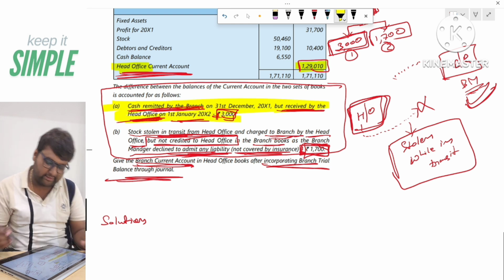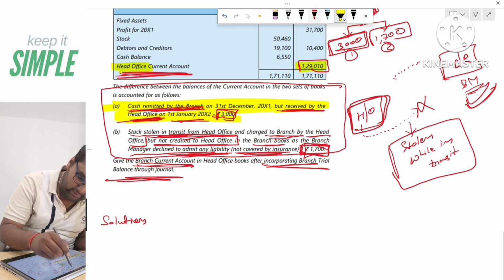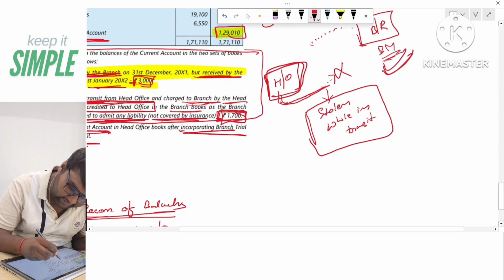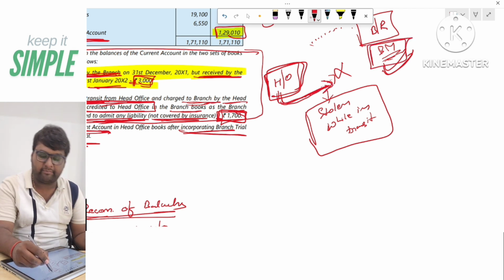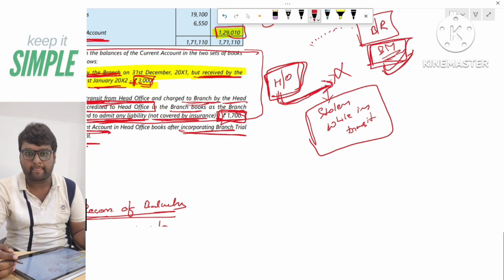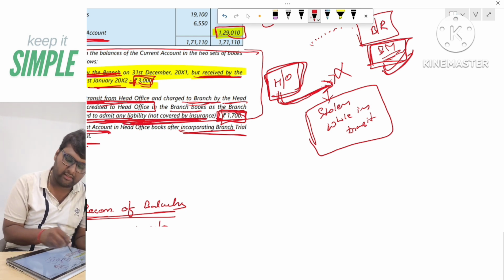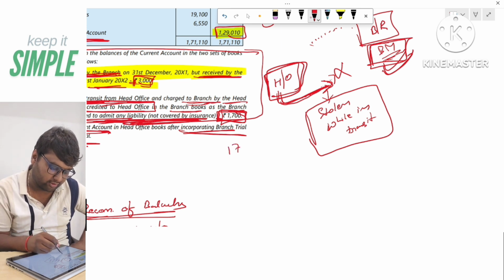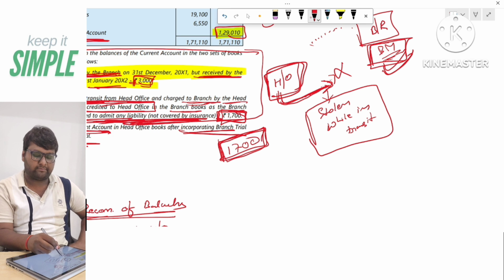Then what's the second thing? Here we have been told that head office had sent the goods, but the branch is not accepting any liability for that. And insurance was also not there. So one thing is clear, that 1,700 is a loss. But who will bear this loss?